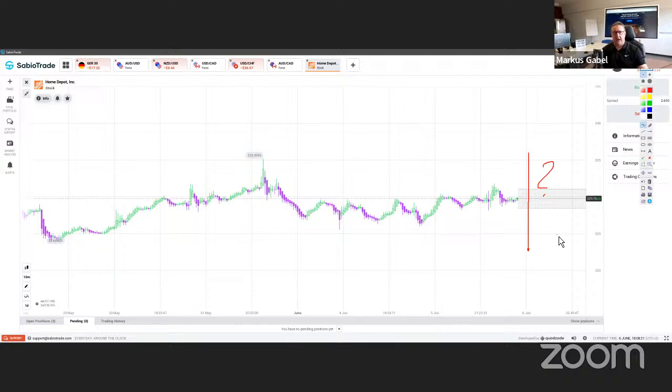Now you can make your analysis, you can interpret your information, you can interpret your fundamental data. But basically, you are at the right edge of the chart and you have to make a decision if you want to go long to buy or if you want to go short to sell. You have to make a decision.